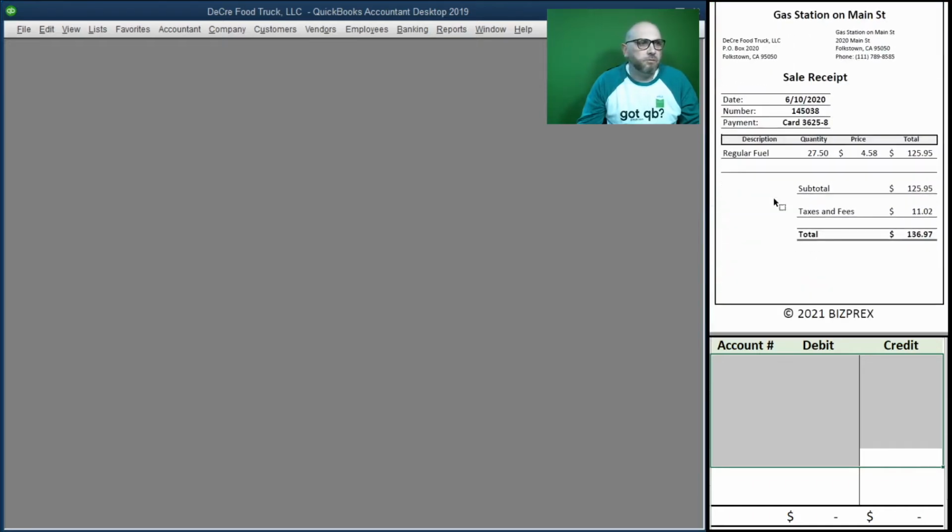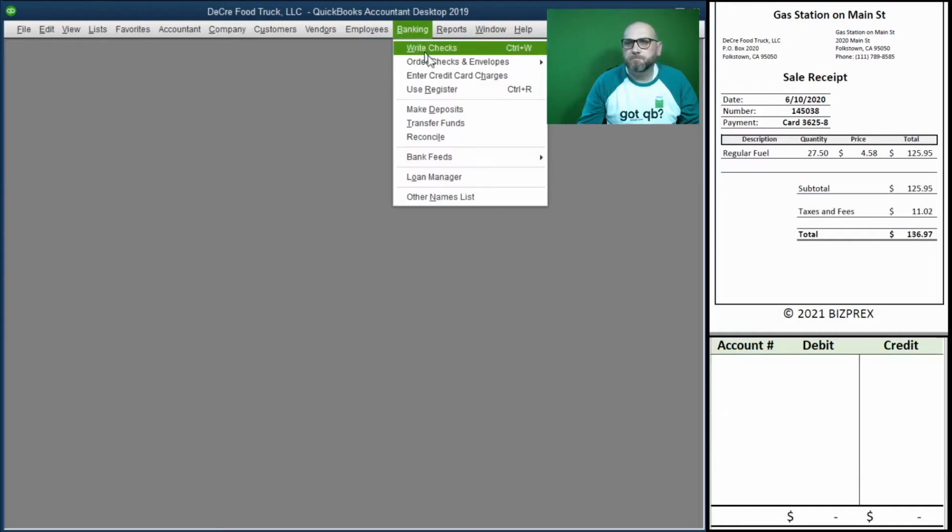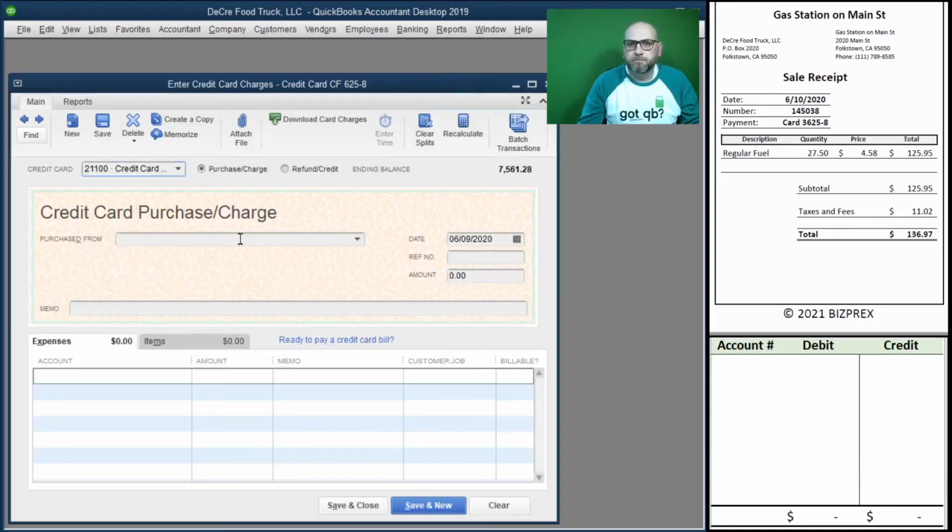All right, our first one is for our gas station. In this case, again, we're entering the date on the receipt because it's a confirmation of the transaction that took place, right?